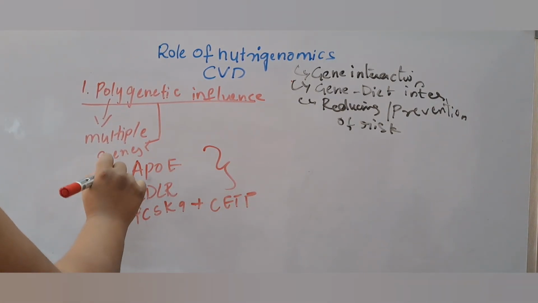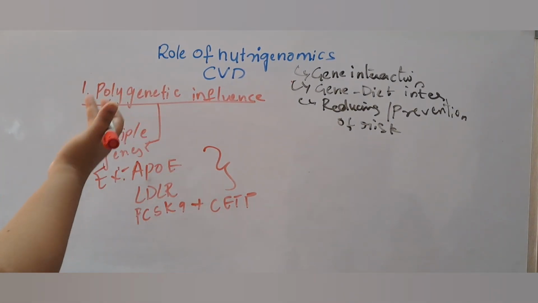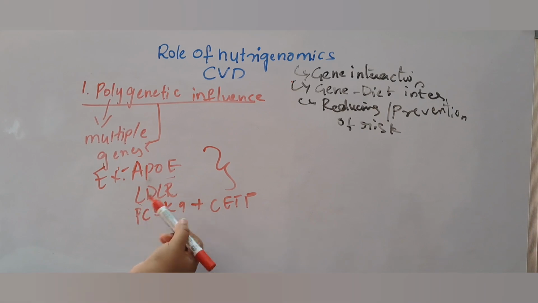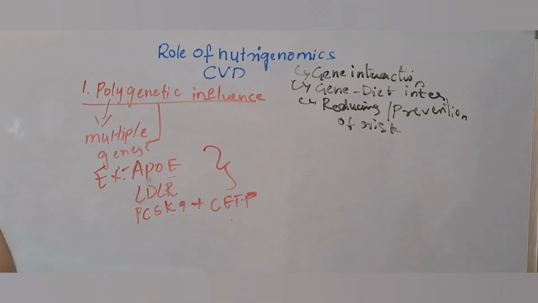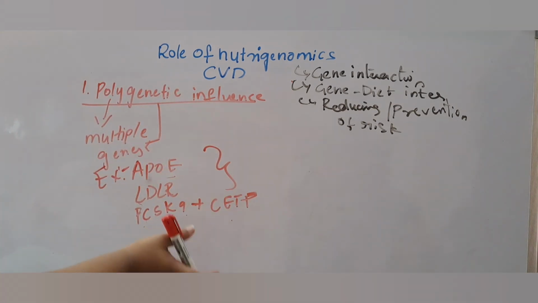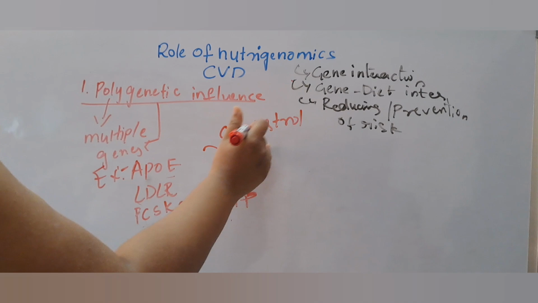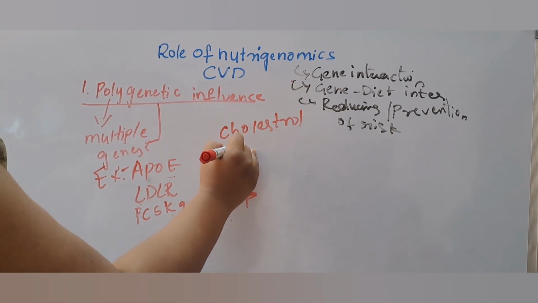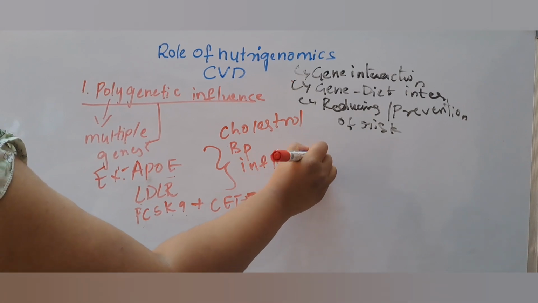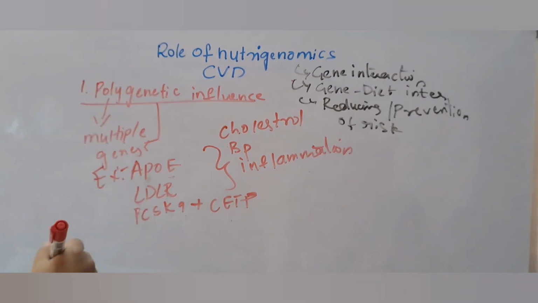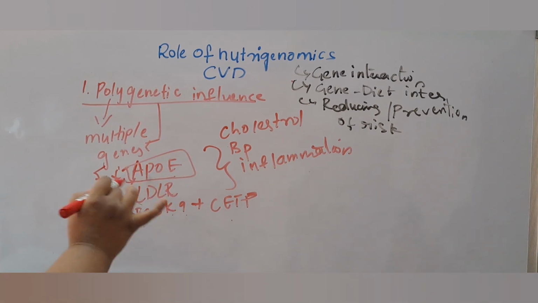So generally the APOE gene mainly influences lipid metabolism.